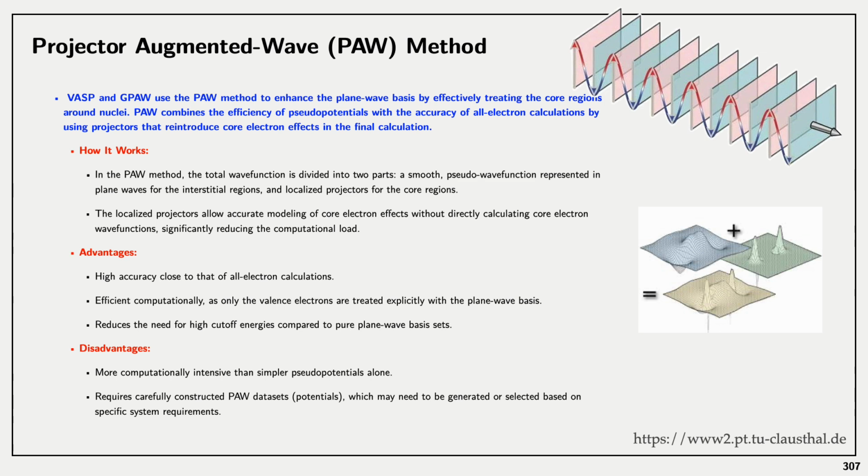In that case, those electrons are treated using a set of projectors. The advantage is that we go back to having access to the wave function, including those electrons that are close to the core. So we are no longer using a pseudo-potential, we're using projectors. And that method is actually associated with the use of plane waves.